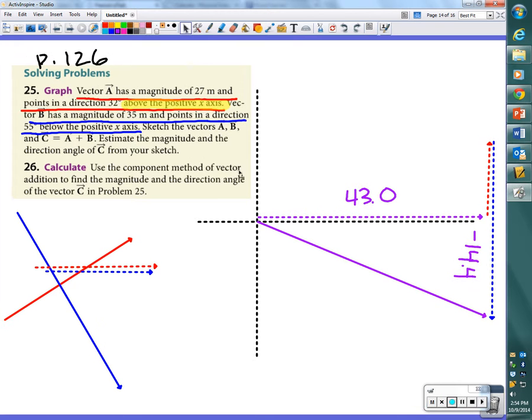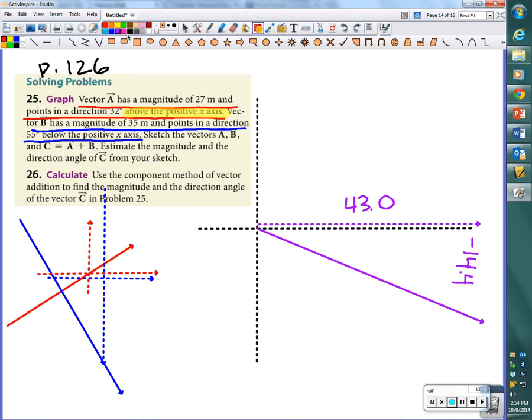Then we added this one to this one, taking both of them out. Are you confused? Well, that's why we're practicing it tomorrow. But do you understand where these numbers came from? Okay?